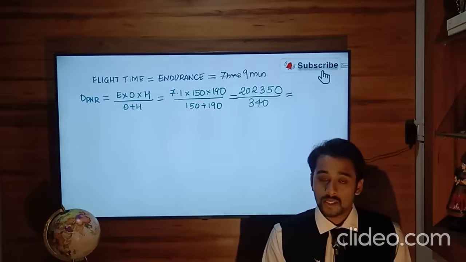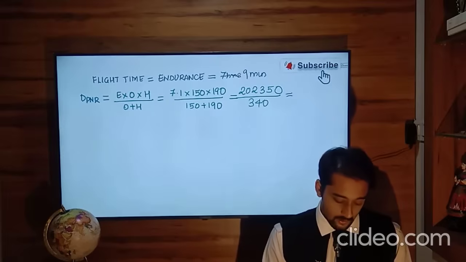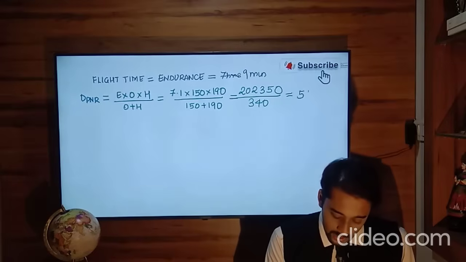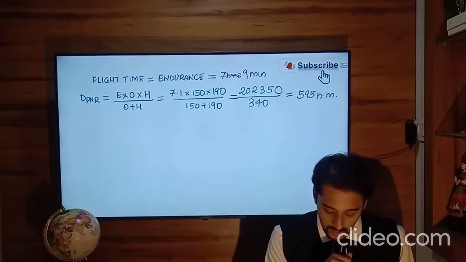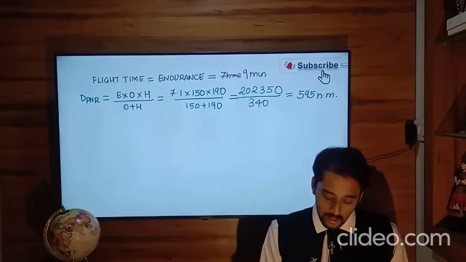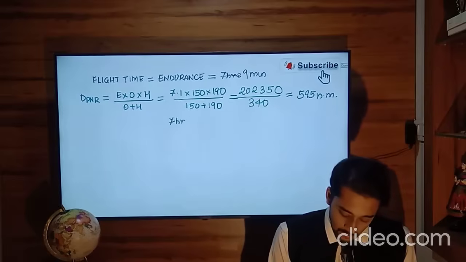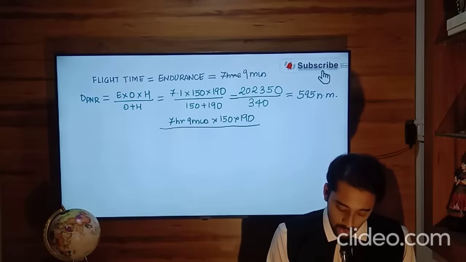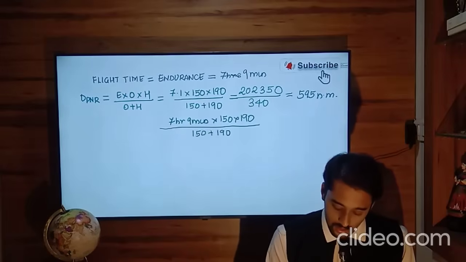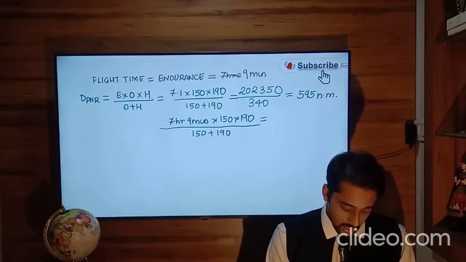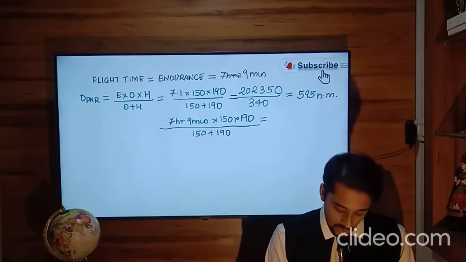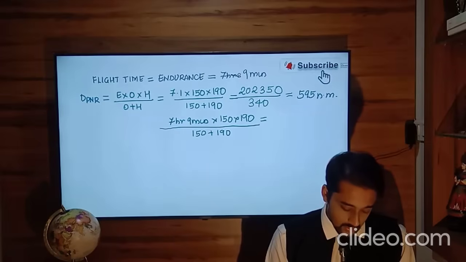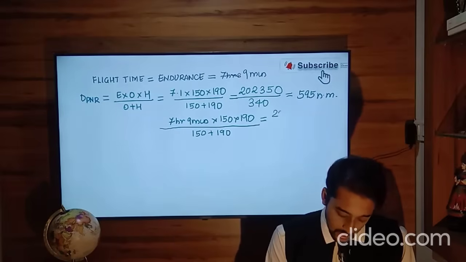So your distance to PNR is how much? 202350 divided by 340, which is equal to 595 nautical miles. If you make this 7.1 into 7 hours 9 minutes, you will get a more accurate answer, which is 7 hours 9 minutes into 150 into 190, which is 203775 divided by 340.